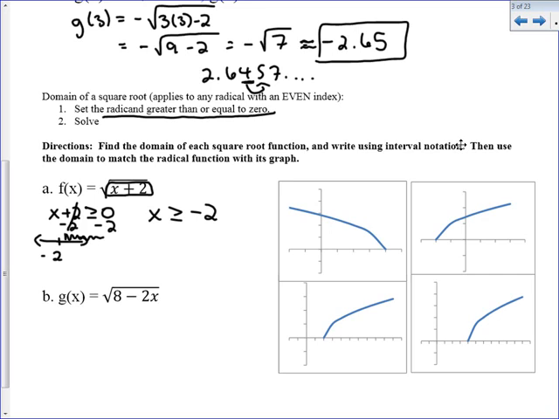How do I show it's equal to negative 2 when I start? What's our notation to show it starts at negative 2, including negative 2? Square bracket. So remember sometimes we had the parentheses, sometimes we had the square bracket. We're including negative 2 because we said greater than or equal to: square bracket.